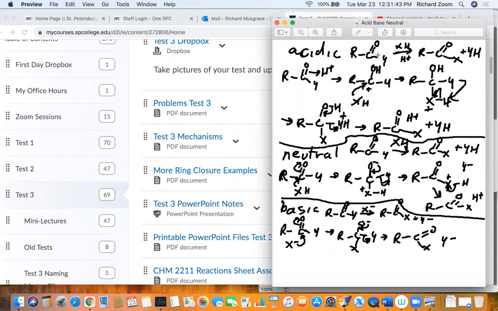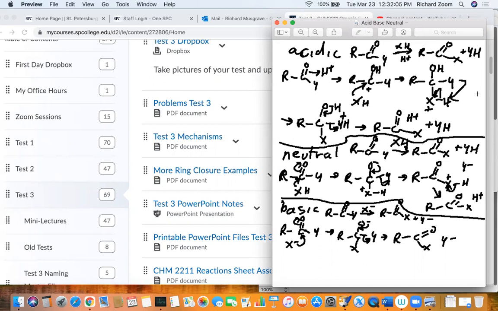The whole point is that the Y group gets replaced with the X, which makes figuring out the product generally fairly easy, and generally not requiring you to do the mechanism in order to get the answer.